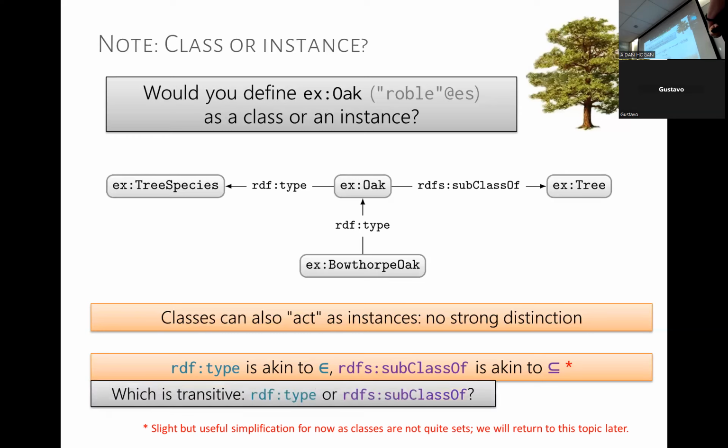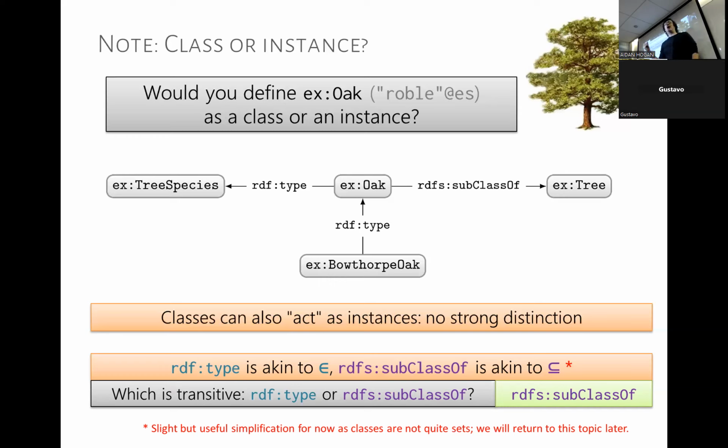So based on this intuition of RDF type being like set membership and subclass of being like subset, which would you say is transitive, RDF type or subclass of? Subclass of, right? So subclass of and not type. For example, here we have Bowthorpe oak type tree species.